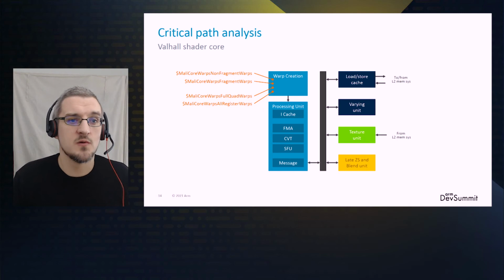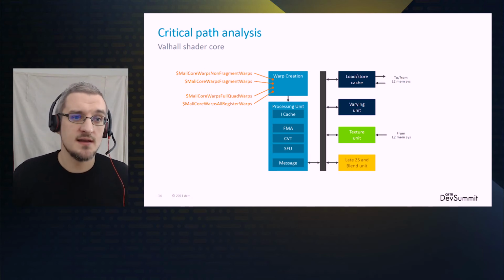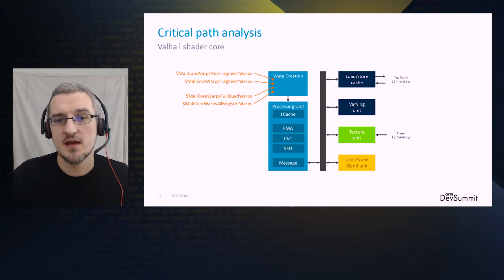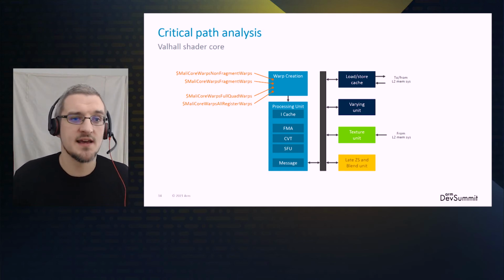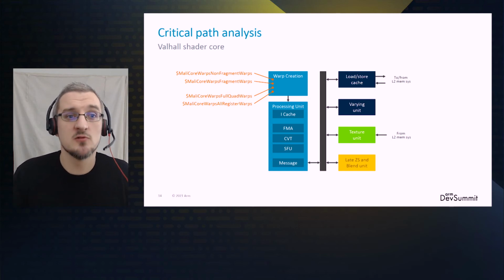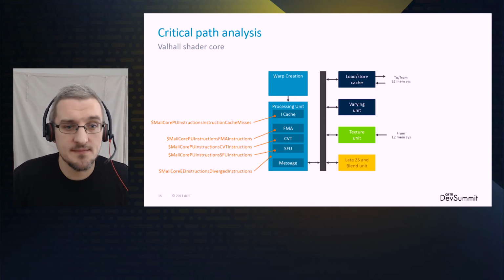We can also count the number of quads that use the full register allocation that's possible. Mali GPUs for the Bifrost and Valhalla family can either use less than 32 registers or 33 or more registers. And if you use the higher register allocation, you halve the thread capacity of the core. So a high percentage of full register warps could be an indicator that you're not running the cores as efficiently as you could, and that may impact memory latency hiding ability.